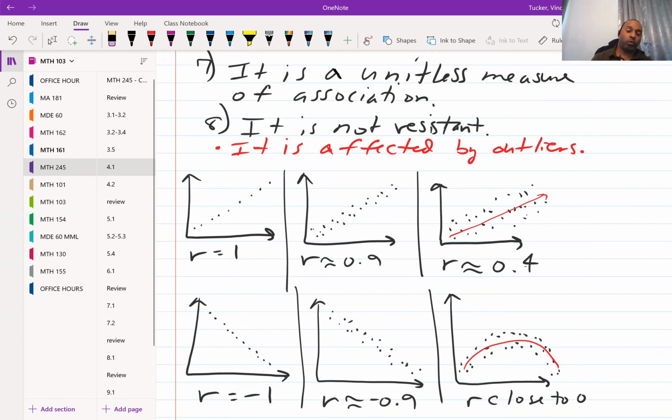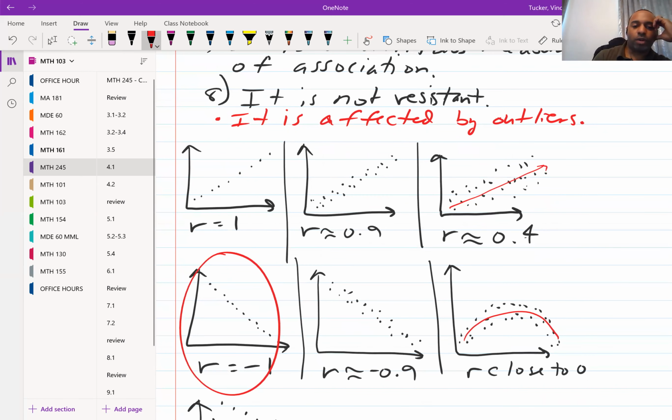And then as we deviate or spread out from the 1 and go closer, we'll start to get closer to 0. So here, there's a little more spread in our data. That's why this is 0.9. A lot more spread gives us 0.4. And so I just wrote that arrow there to show that we still have a positive trend. It's just that we're getting closer and closer to 0. So that means it's not as close to the straight line as we would like.